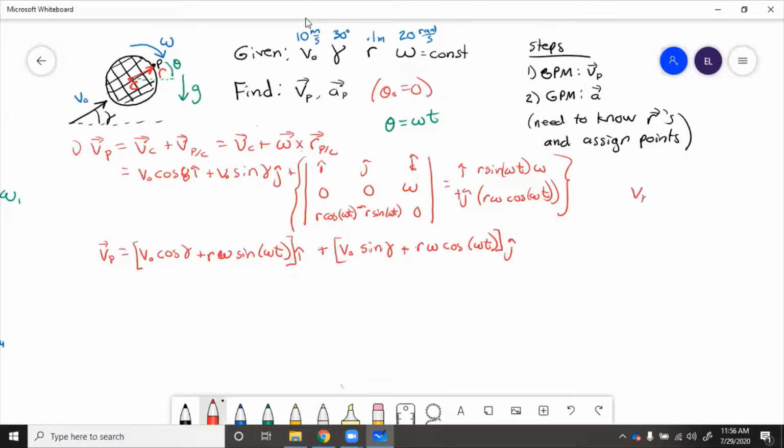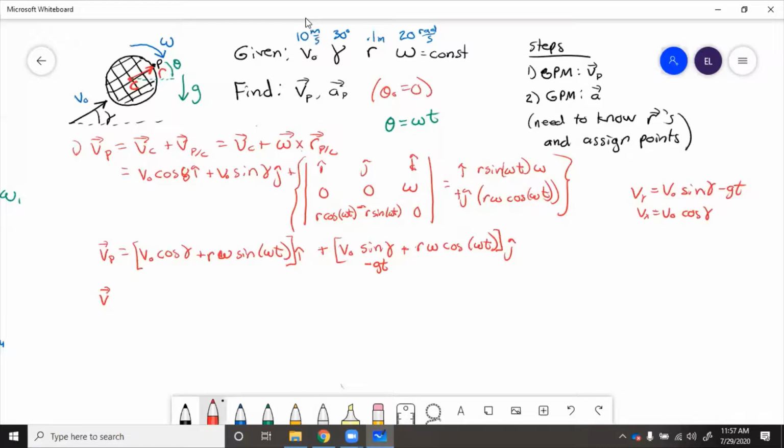Vy equals V initial sine gamma minus gt, Vx equals V initial cosine gamma. So here, V initial cosine gamma, that's good. Here we have V initial sine gamma minus gt, needs to be in there. So this is the formula for the velocity of that point.